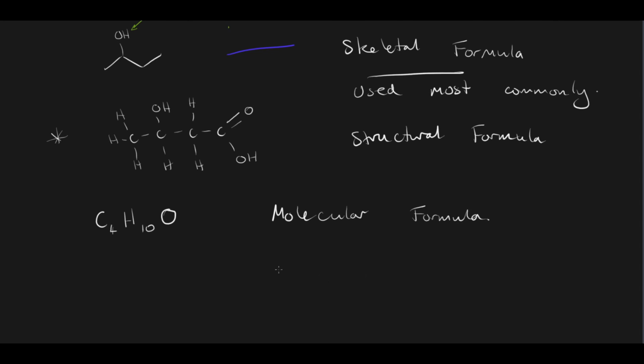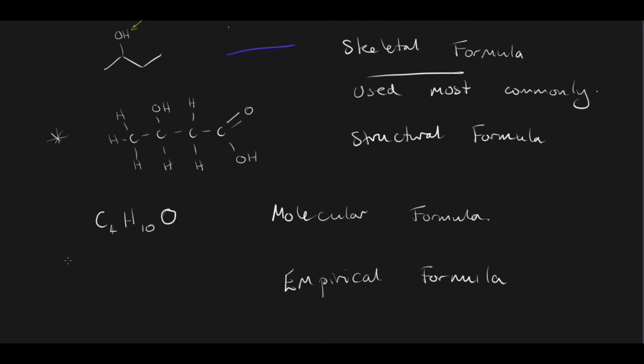And then there's one other, which is the empirical formula. For this, you just simplify the molecular formula to its simplest form as ratios of each of the numbers. So for butan-2-ol, it's actually exactly the same as the molecular formula. But I'll pick another one as an illustration here.